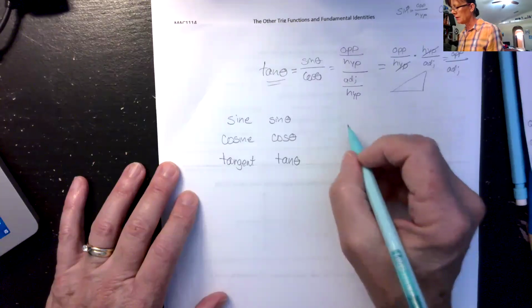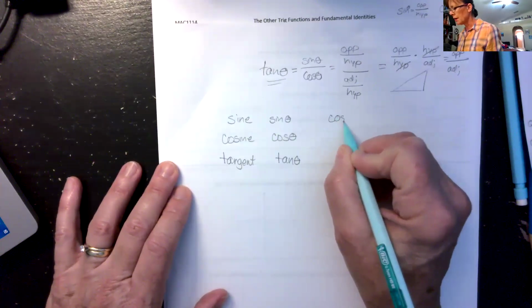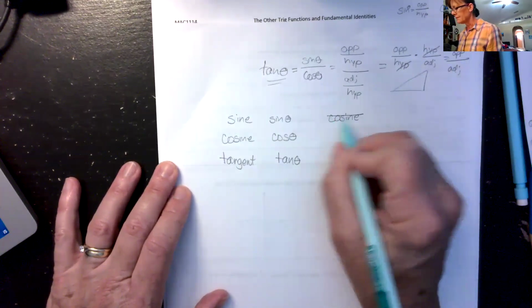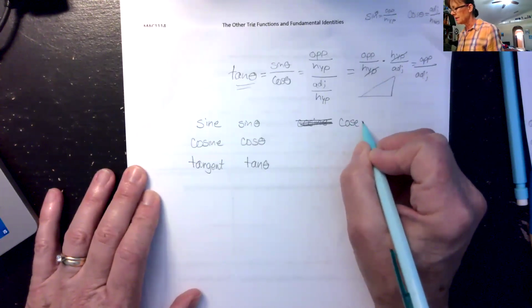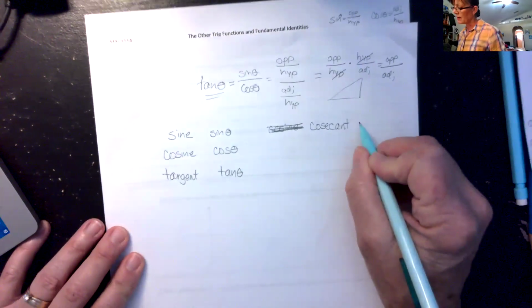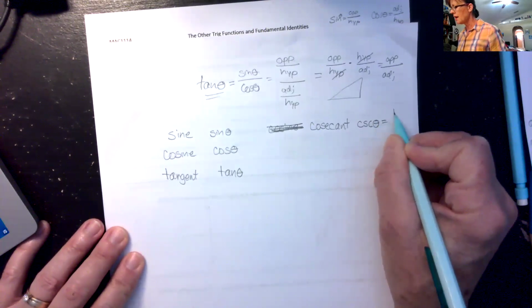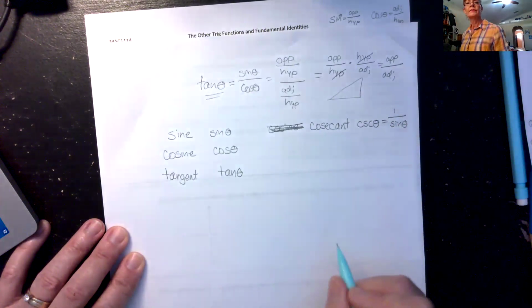So the reciprocal identities, the first one we're going to look at is for cosecant. Cosecant is abbreviated CSC, and it is defined to be 1 over the sine function.